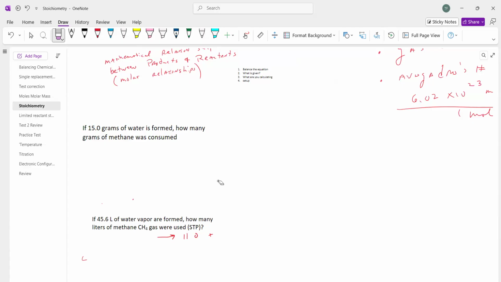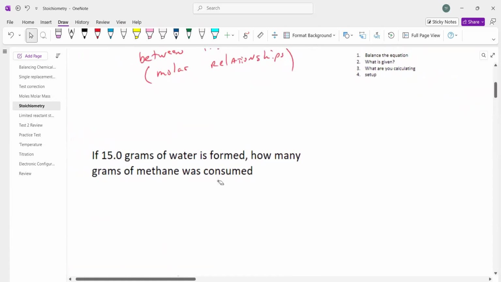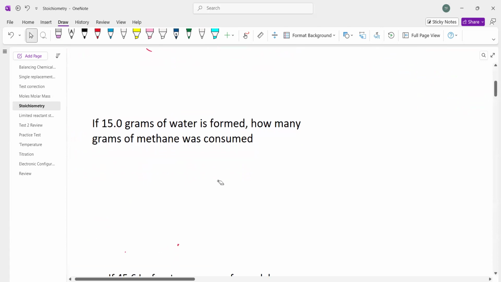Okay, 15 grams of water is formed. How many grams of methane is consumed? This is if we're burning methane, combustion. Okay, so first of all, what is the chemical reaction? Now, in 1A, and it depends who you get in 2A, this is all you're going to get, and you have to come up with your own equation.